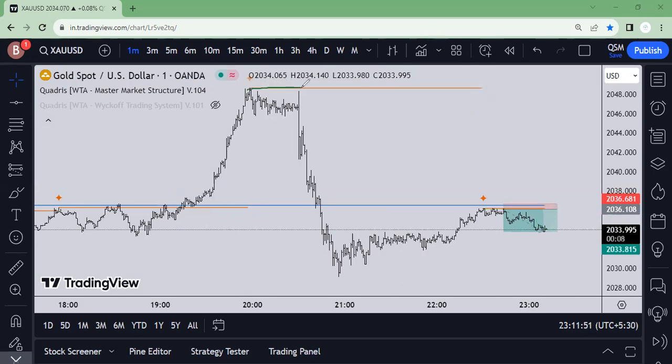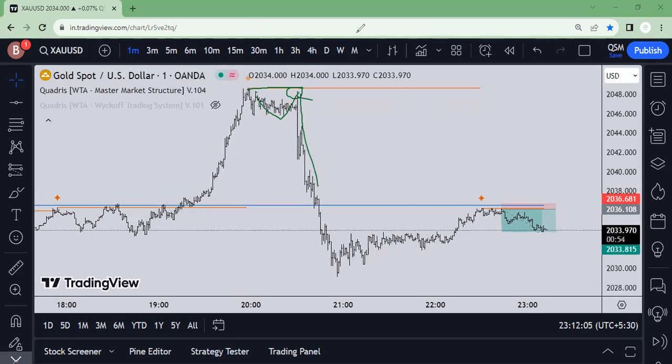This is the top which was made, and price came back, and it went down, and again it came back, and see the beauty of this system. It went, or I should say, it was a knife fall kind of a thing.